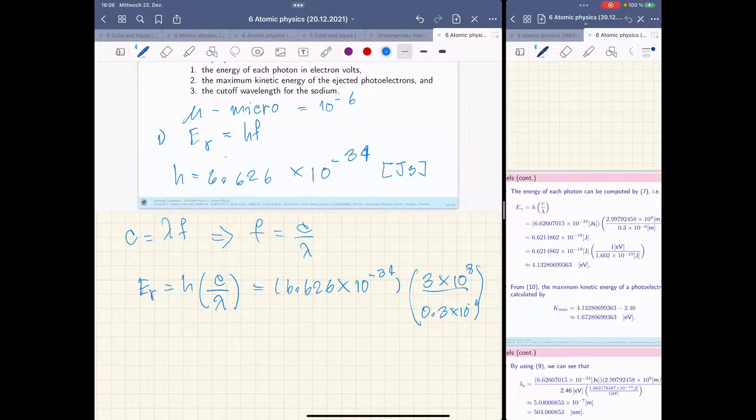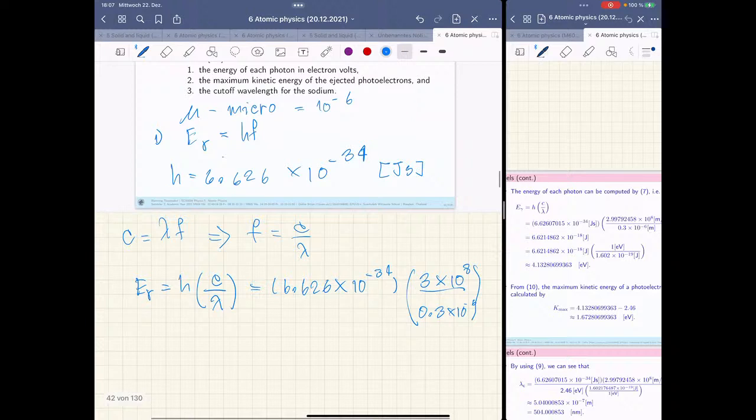Okay, so E gamma, E photon, right? E gamma equals 6.26 E minus 34 times 3E8 by 0.3 E minus 6, and the result is 6.26 times 10 to negative 19.